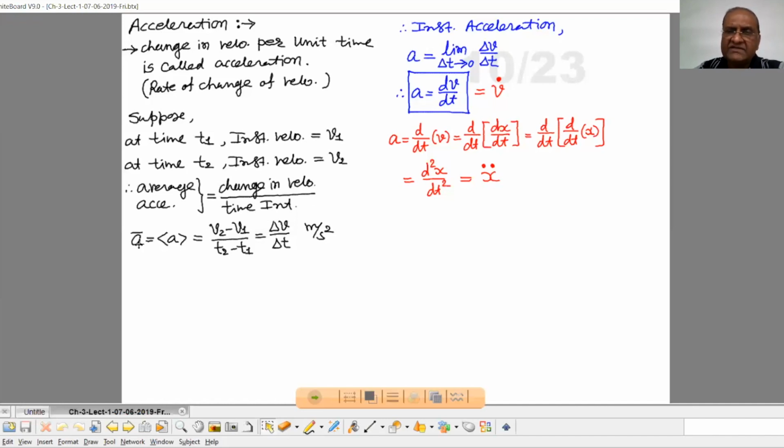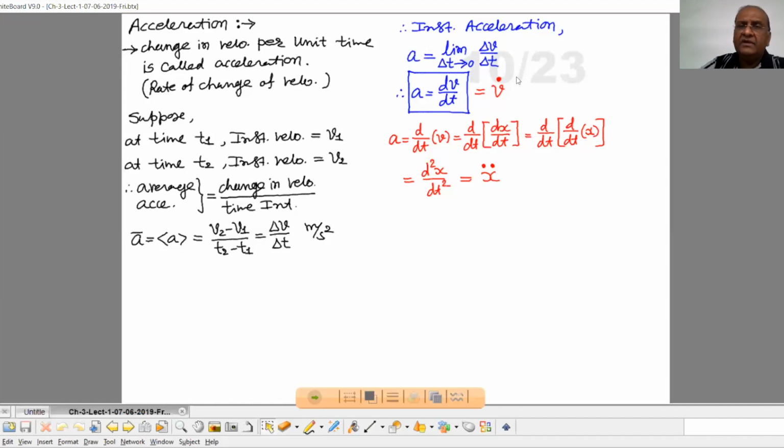So average acceleration a bar is change in velocity, that is final velocity minus initial velocity, v2 minus v1, upon time interval, that is t2 minus t1. So we can write that as delta v by delta t. Its unit will be meter per second square. And from this, we can write its dimensional formula M^0 L^1 T^-2.